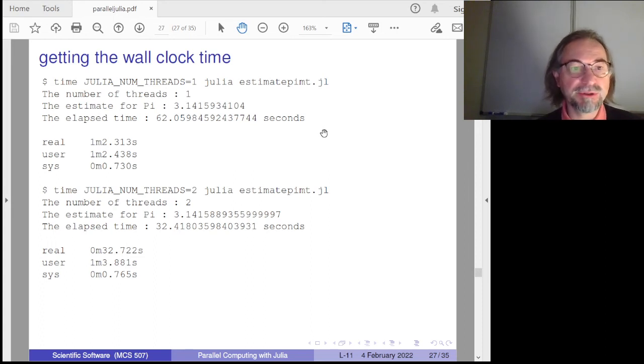Again, I do this with the wall clock time, but there is also the internal CPU time. You see that the wall clock time goes from 1 minute and 2 seconds to half a second. So this is quite a good speedup. By the way, this is the same algorithm that we ran before, but it could be that it was on a different computer.